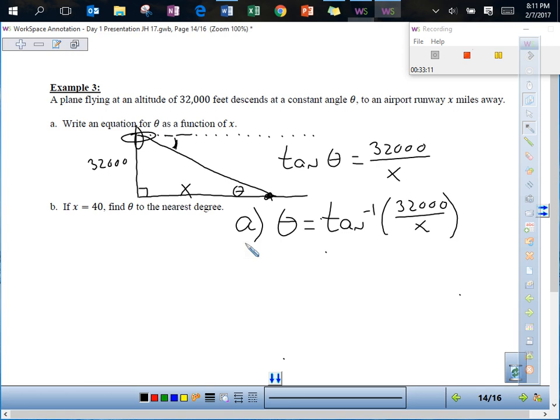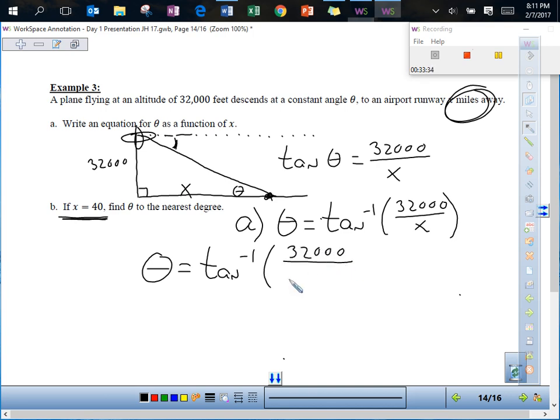Now let's do part B. It says if x equals 40. Now remember guys, x is in miles. So when I go to figure out theta, I'm going to have inverse tangent of 32,000. I need to convert 40 miles to feet.